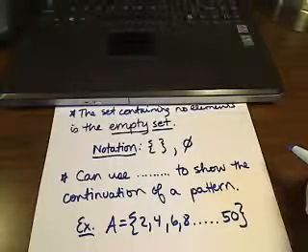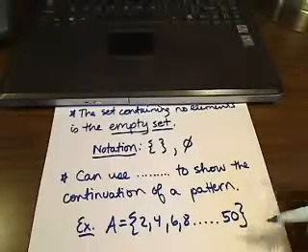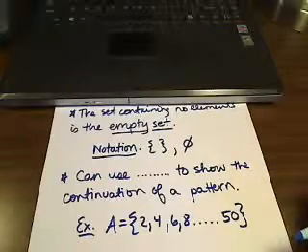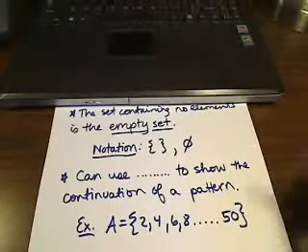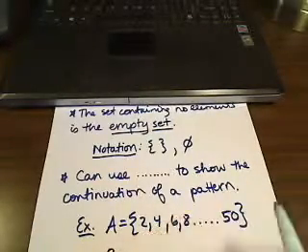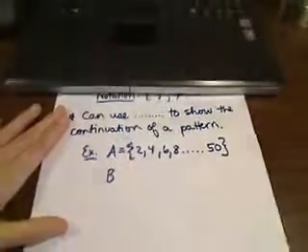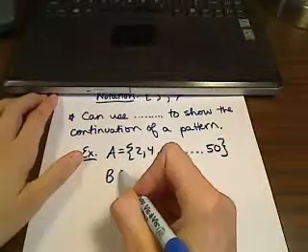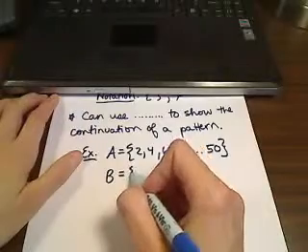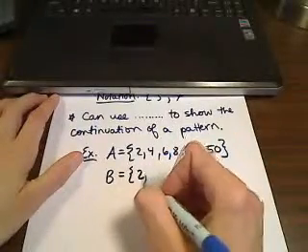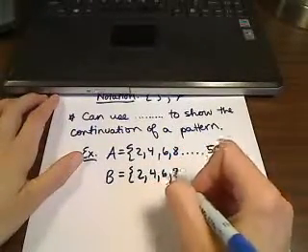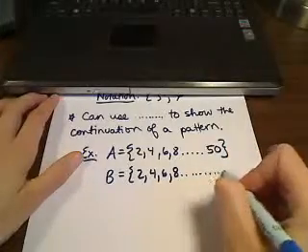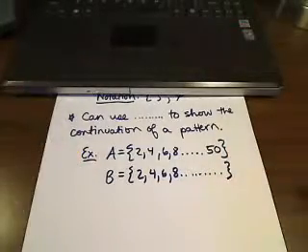So we can just use the dot, dot, dot to denote that we're going that same pattern all the way out to 50. I could also be talking about a set that maybe doesn't end. So maybe it's all of the even numbers on out towards infinity. So my dot, dot, dot would just show that.